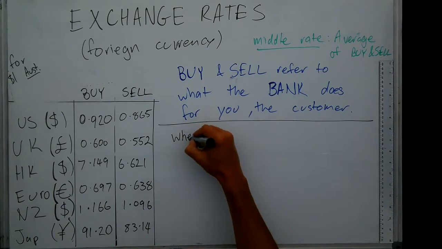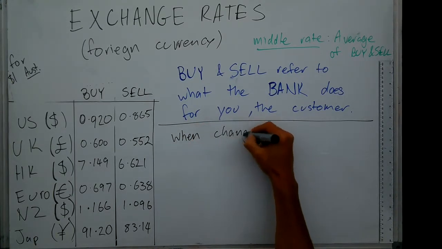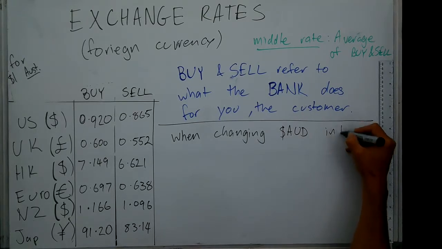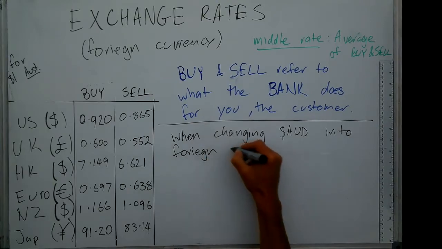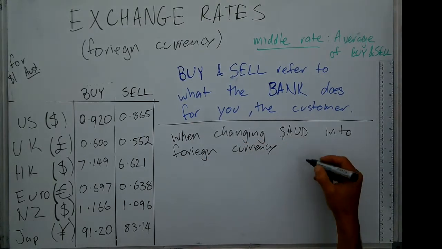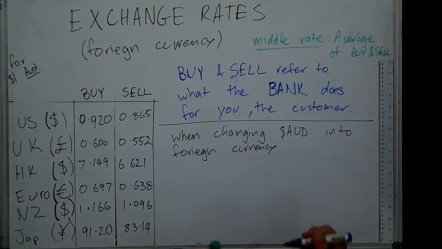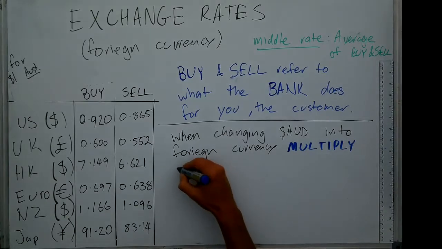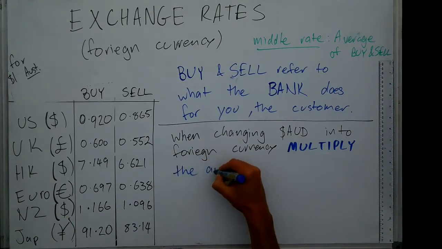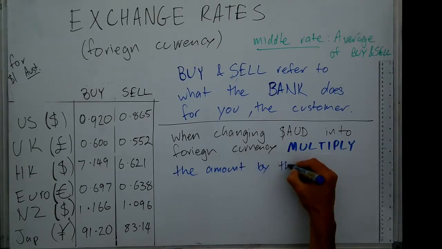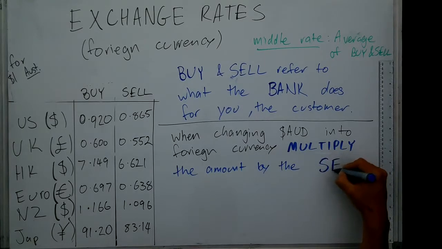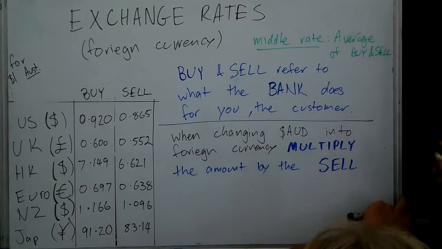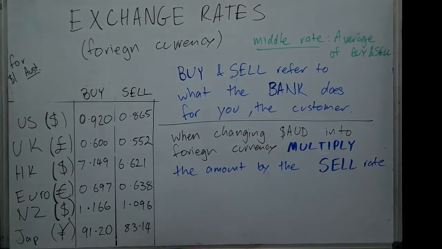When changing AUD, Australian dollars, into foreign currency, what we need to do, and I'm going to change colour here, is multiply the amount by the sell rate.